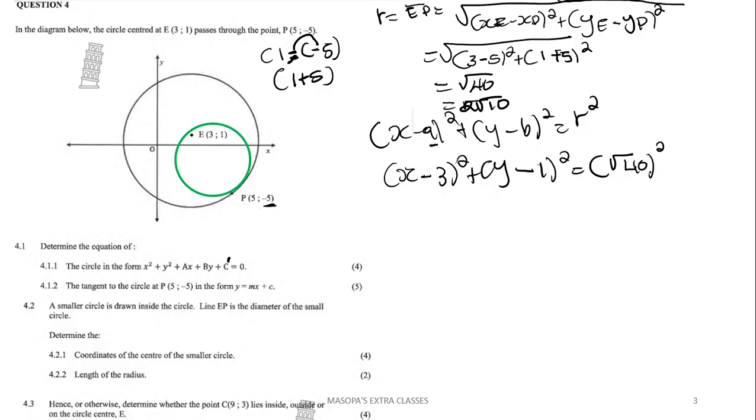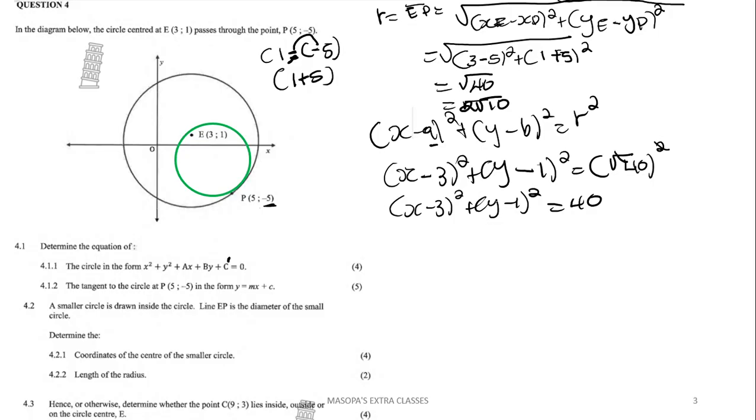And remember, if you say root of 40 all to the power of 2, it means that this 2 will cancel this square root, meaning that now our equation will be x minus 3 all squared plus y minus 1 all squared, that is equals to 40. Now let's expand this one and simplify further.